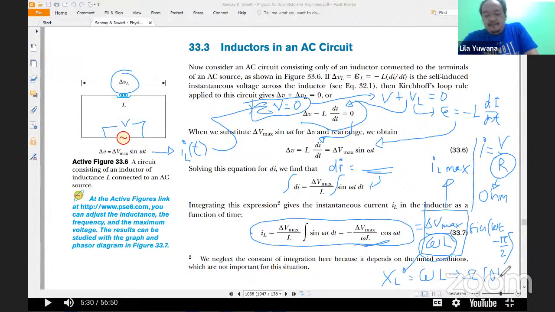We call this variable the inductive reactance. Reaktansi induktif kalau di bahasa Indonesia ya.